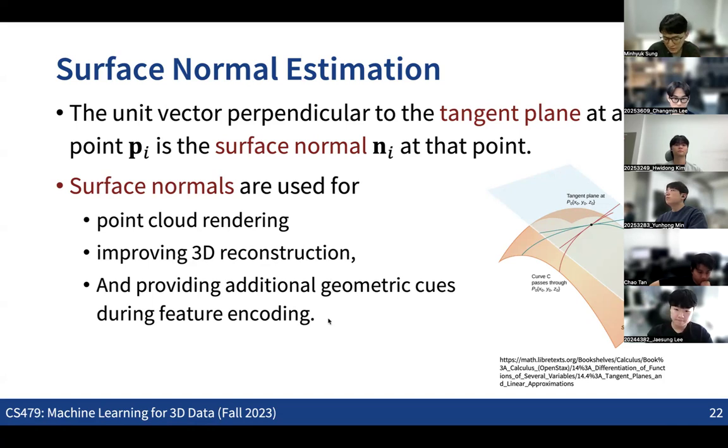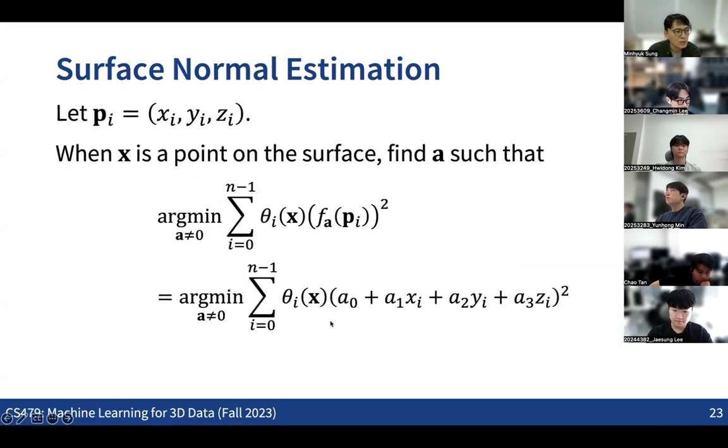But now we want to do this fitting for the points sampled over the surface. So let's say x here is one of the points over the surface, and we want to estimate the surface normal at this point x by fitting the tangent plane at that specific point.